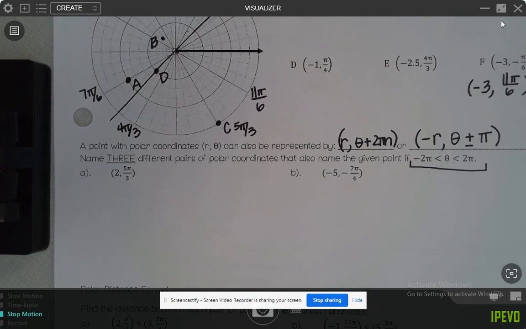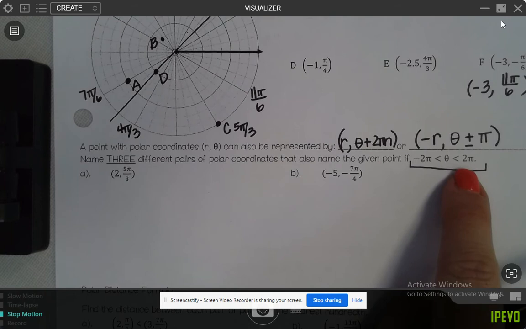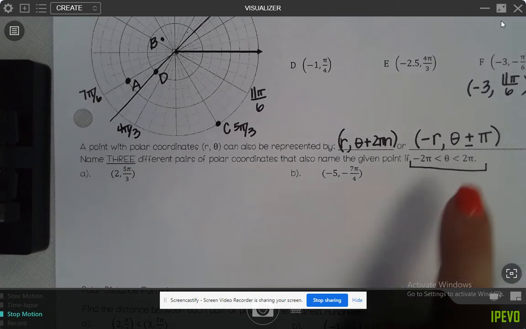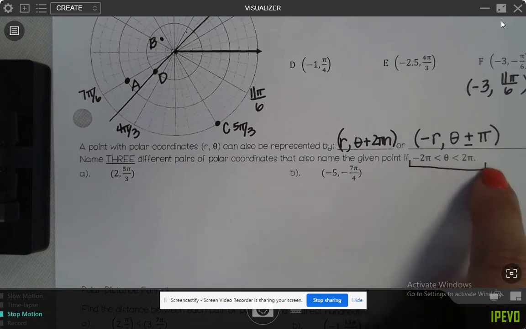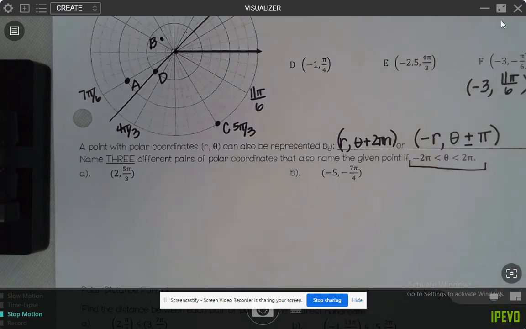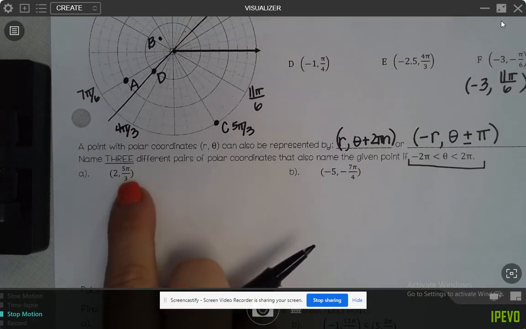Is 11 pi over 3 greater than 2 pi? Yeah, because 2 pi is 6 pi over 3. Does everybody see what I mean by that? So can I add 2 pi to stay within this range? No. Well, what's the other option? I could subtract 2 pi. Well, what's 5 pi over 3 minus 2 pi?